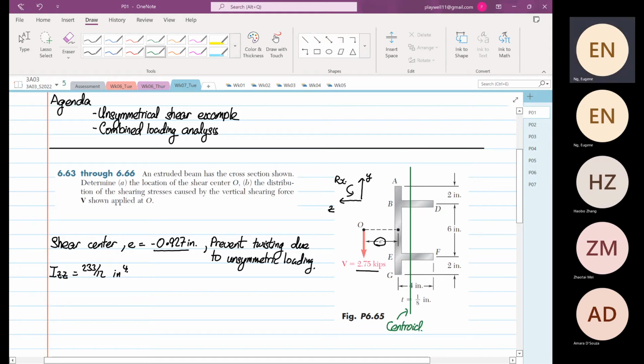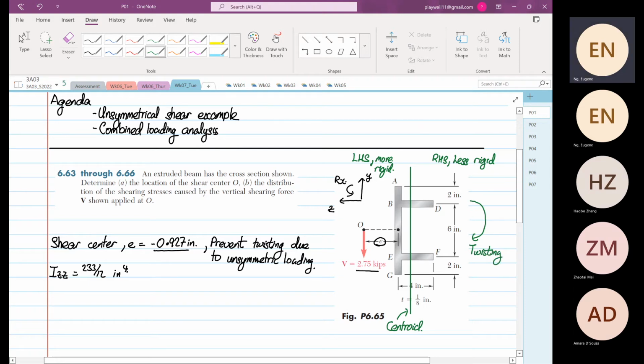We realize that on the right hand side it is less rigid, and on the left hand side it is more rigid. When that's the case, the structure will tend to have a twisting deformation.